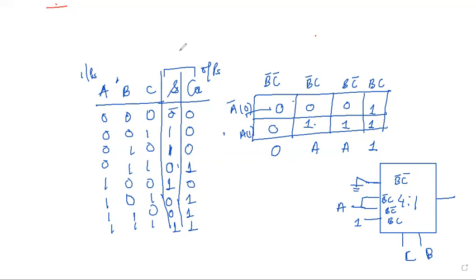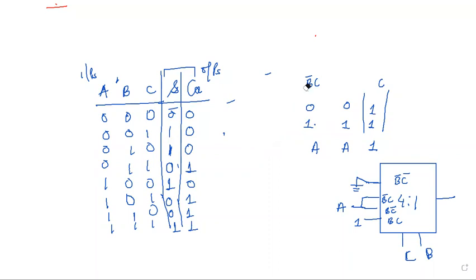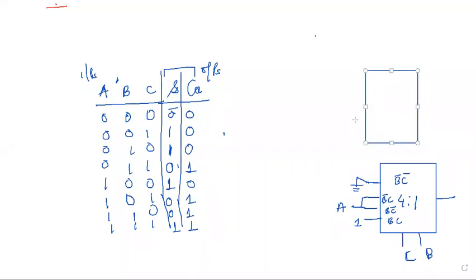So overall, now we know that for implementing a full adder using 4:1 mux, we require two different 4:1 mux. So these are the select lines.